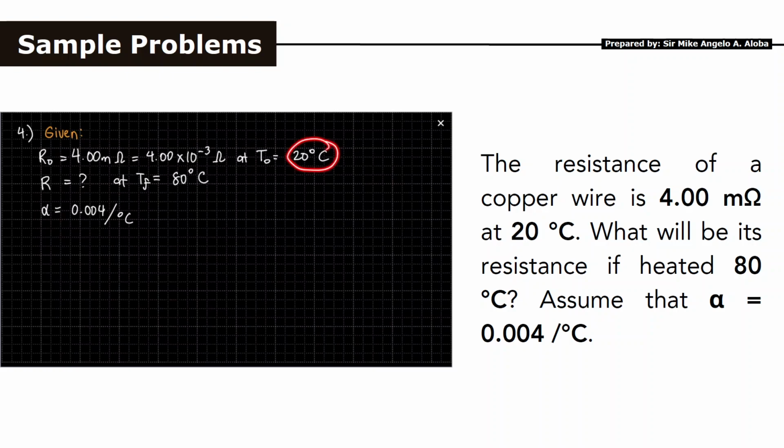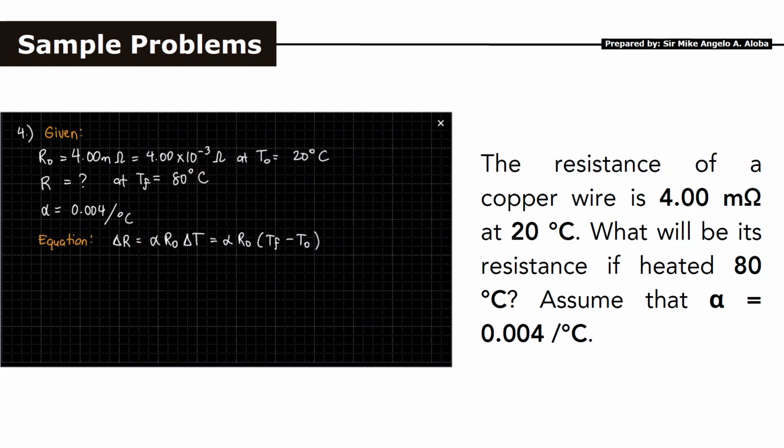So that 20 degrees Celsius is the room temperature. R, or the final resistance, is what we're looking for at a final temperature of 80 degrees Celsius, with alpha given as 0.004 per degree Celsius.